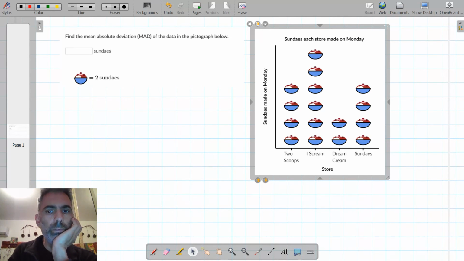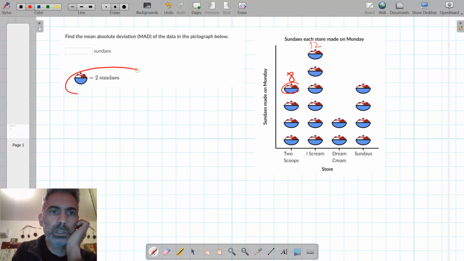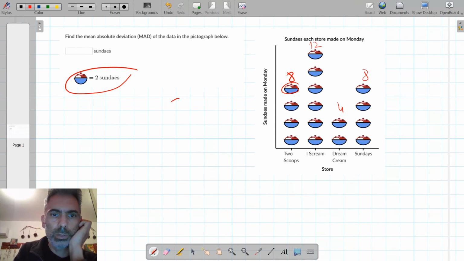Here we have 8 Sundays made on Monday. 1, 2, 3, 4, 5, 6. So here we have 12 because each of these represents 2 Sundays. 1, 2. So here we have 4, and here we have 1, 2, 3, 4 times 2 is 8 as well. So 8 plus 12 plus 4 plus 8.